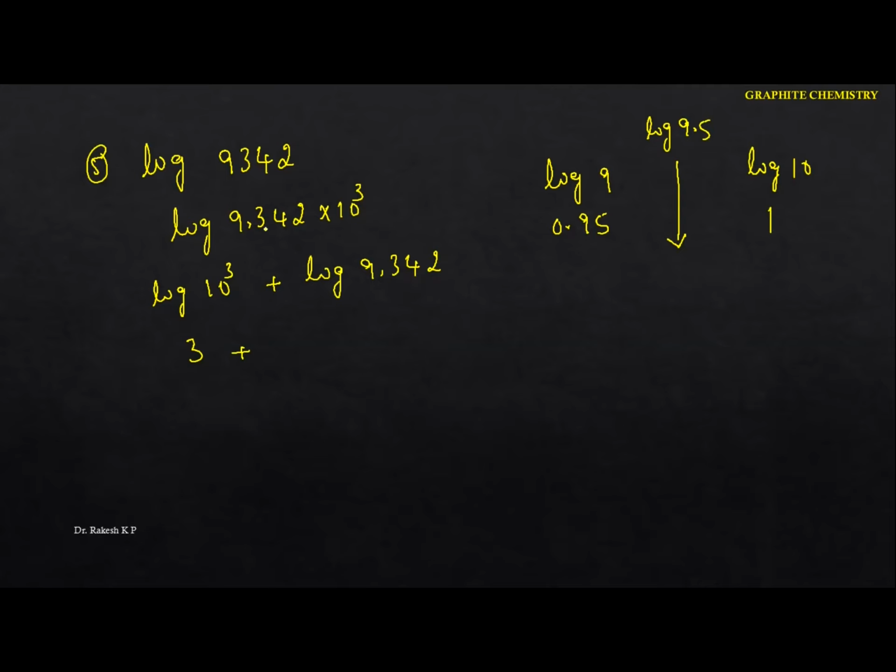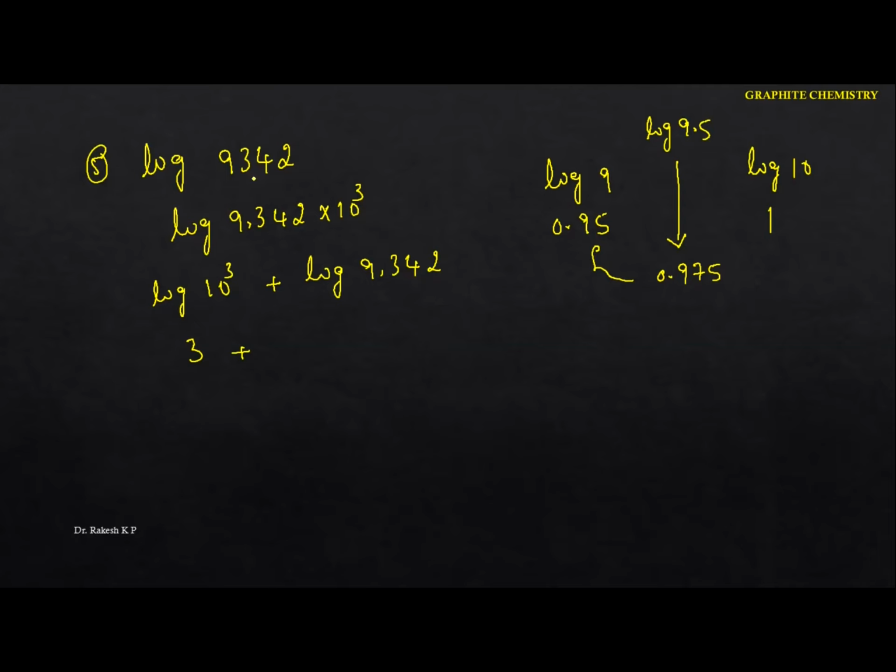This is 9.3. That means here we have 9.5. I'll take the average of this, that is 0.975. So here we have 9.3. That means it lies between 0.95 and 0.975.